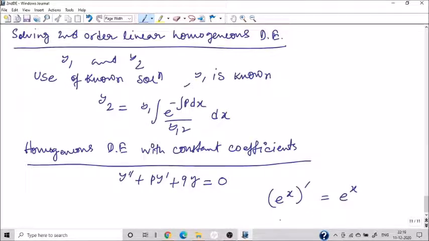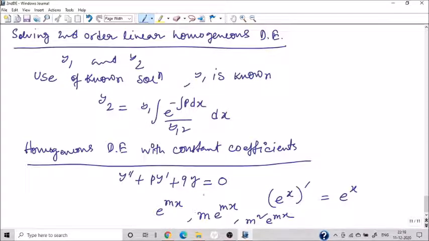If the function is e to the power mx, then the derivative of that function is written as a constant multiple of that function e to the power mx. So for first order we write m into that function, and for second order m square into that function. This is the starting point.